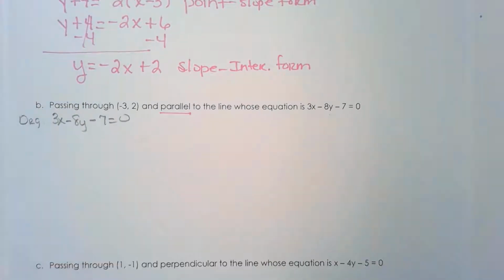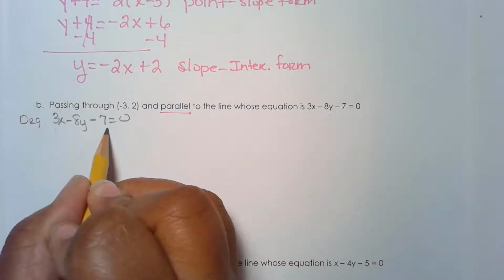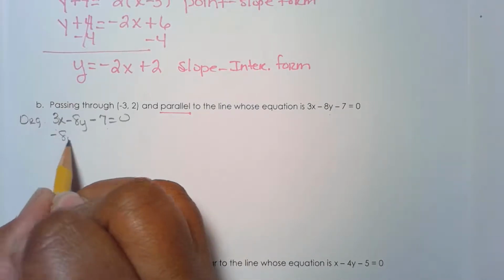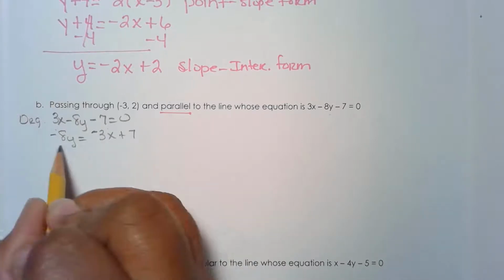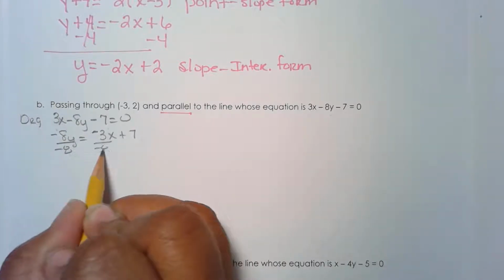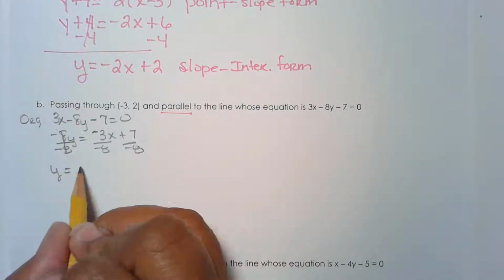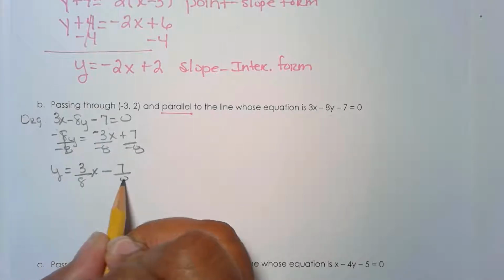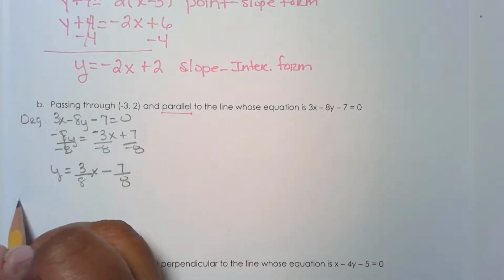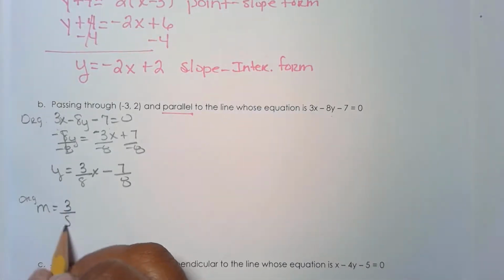So let's write this equation in slope intercept form. Let's subtract 3x and add 7, so that becomes -8y is equal to -3x plus 7. Then divide by -8. And we have y is equal to positive 3/8 x minus 7/8. So the original equation's slope is 3/8.